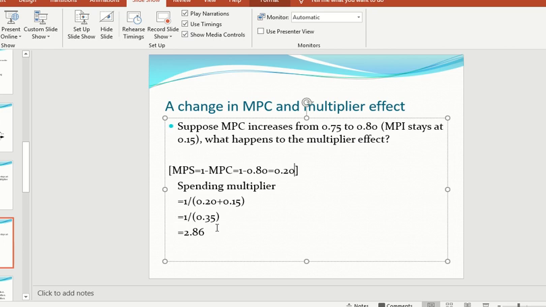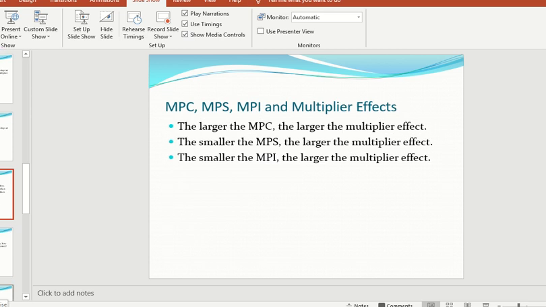If there is an increase in income, consumer households are going to increase their consumption by a larger amount every round. If there is a decrease in income, then consumer households are going to cut down on their consumption more in every round. So at the end, the multiplier effect is larger with a larger marginal propensity to consume.